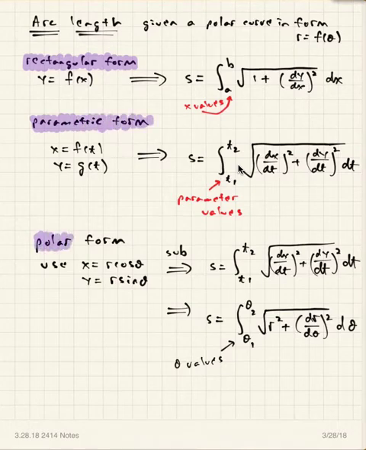But it depends on what you're starting with in each case as to which form you use: whether you're starting with a function where y is a function of x, where x and y are defined parametrically, or if you're given a polar form, where you're starting with, and I didn't ever write this, r equal to some function of theta. That's what you're starting with there. So let's go ahead and look at some examples of how we would go about doing this, using this form.